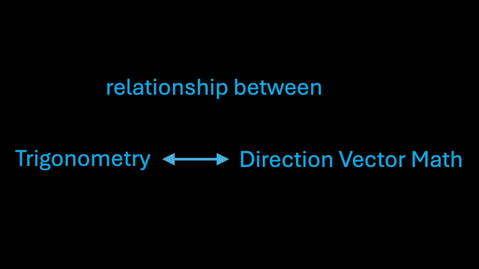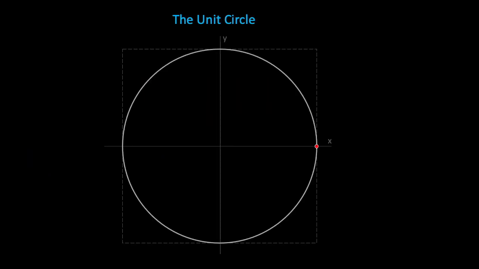Well, let's get started first by exploring the relationship between trigonometry and direction vector math. Both are centered around the unit circle. We've got a point here, and it's going to scope out all the points on the unit circle. And if we were to just pick one of those points and look at our trigonometry relationship, we've got an angle theta, which is taken from the positive x-axis over to the ray going out to that point.